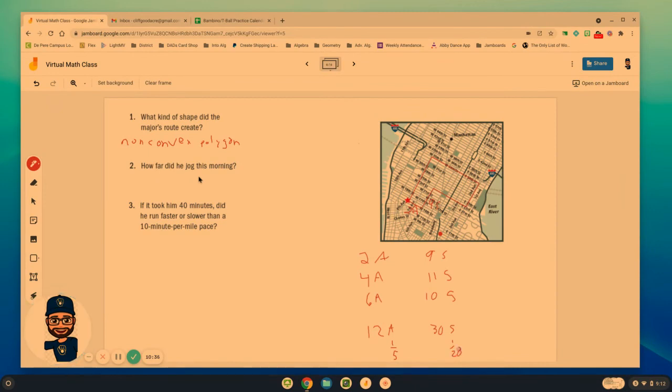So we're going to multiply 12 times 1/5, which is 2 2/5 miles for that part, plus 30 times 1/20th will be 1 1/2. So he ran a total of 3.9 miles.